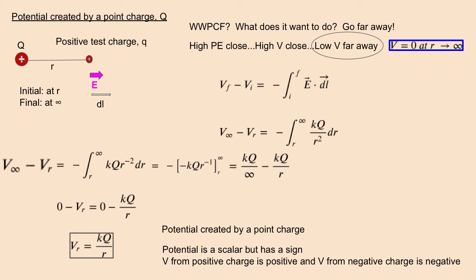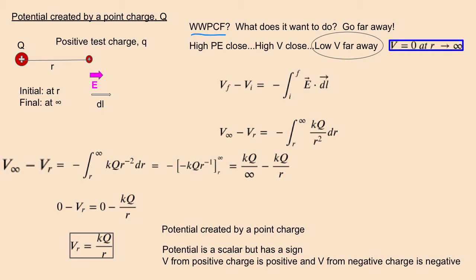Okay, so when you put a point charge Q down, it creates an electric field, and that also creates a potential. So to explore that, to get at potential, we like to look at potential energy, right? So if I put, we do this WWPCF, what would a positive charge feel? What does it want to do?